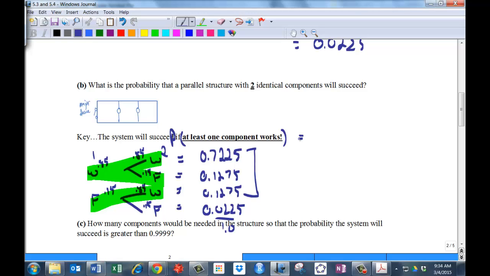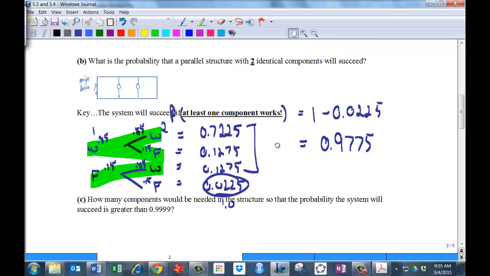Probability at least one is going to be these three, or 1 minus, take out this probability, 0.0225, and we're left with this probability, which is all the green, which is what we want. So 0.9775.